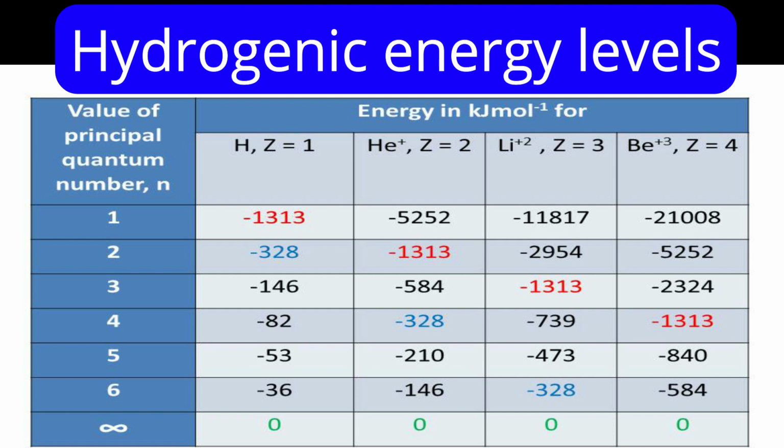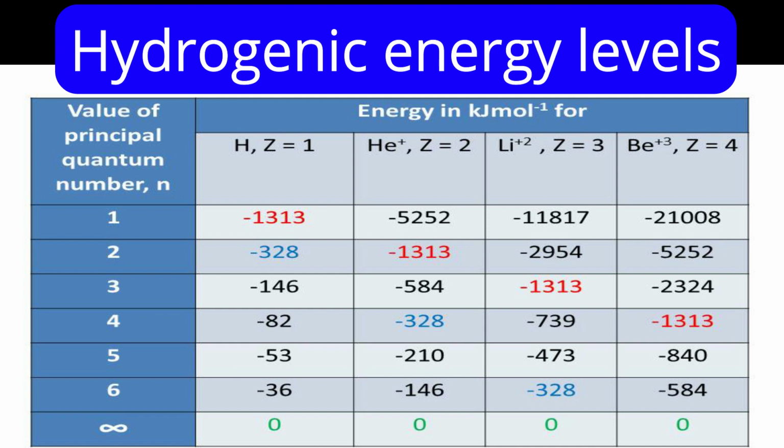Now come to the last ion, that is beryllium plus 3. Its first shell energy, how many times lower is this value? 16 times lower. What is the value? Minus 21008 kilojoule per mole. So the first shell of beryllium plus 3, you can imagine how deeply buried it is, how strong an attraction it experiences from the nucleus.